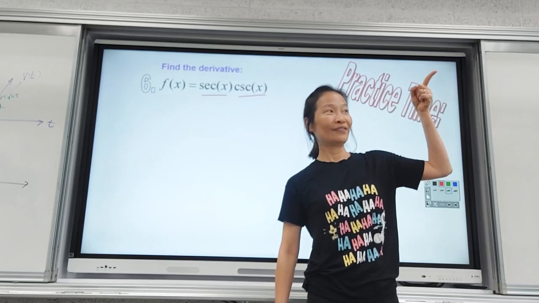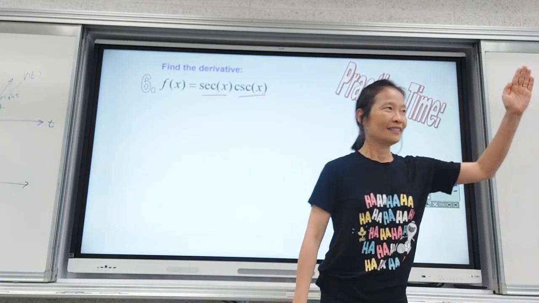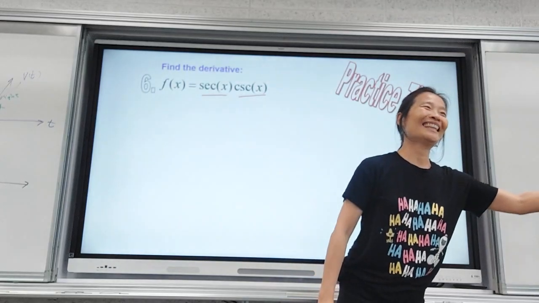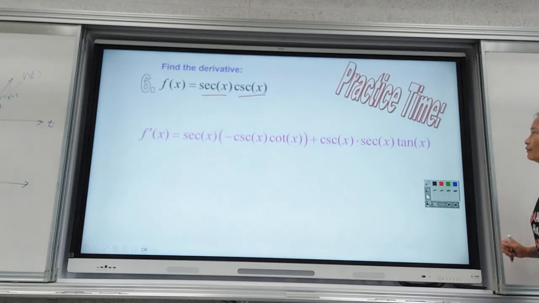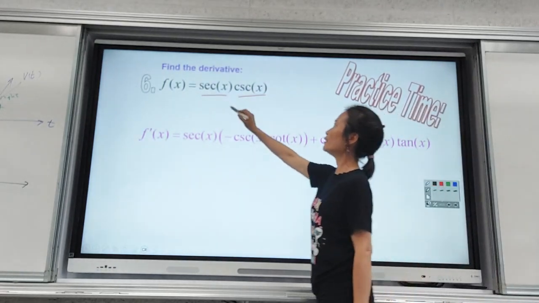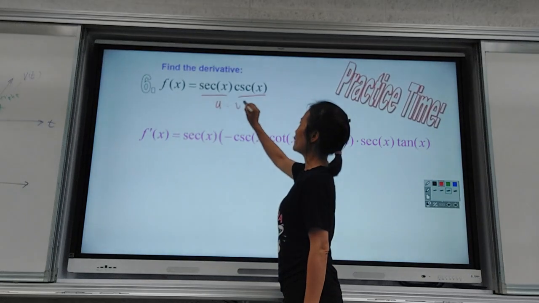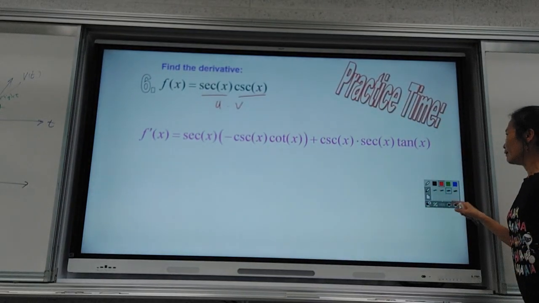Positive or negative? Negative. Cosecant times cotangent. All right, you will get there. I trust you. And then don't forget, this is the product rule. U times V, so UV prime plus VU prime.